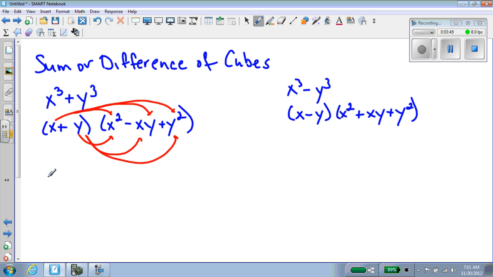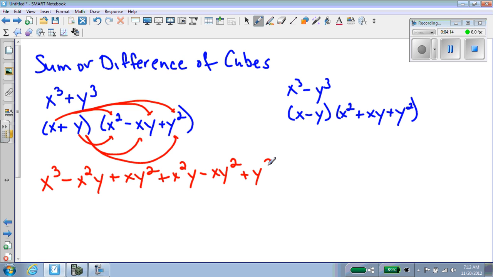So I get x times x squared, so x cubed, minus x squared y plus xy squared. That's multiplying x all the way across. Plus, and I'm going to write this in alphabetical order, x squared y minus xy squared plus y cubed.